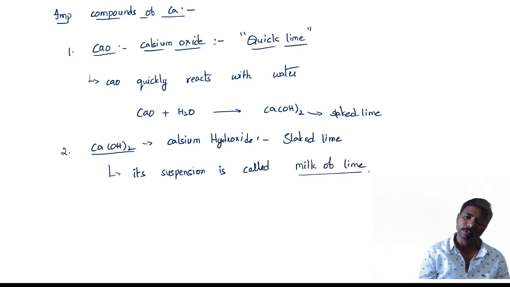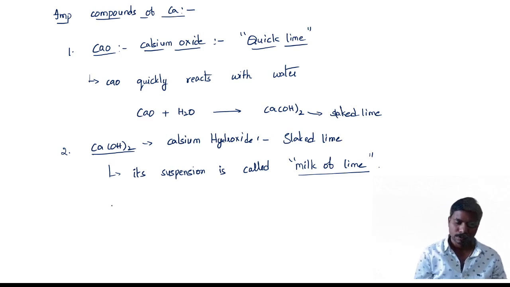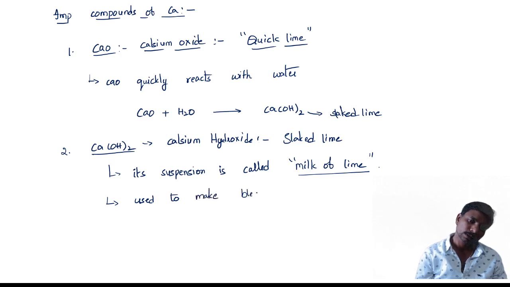Milk of lime is also used in antacids. In some antacids, calcium oxide is also used. And it is generally used to make bleaching powder. Chemical formula very important.